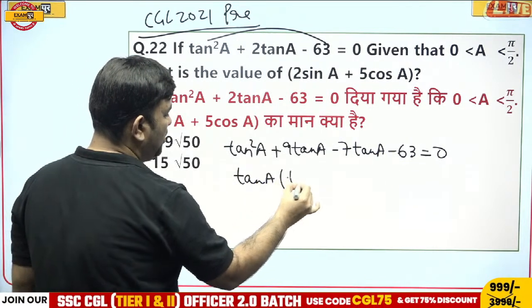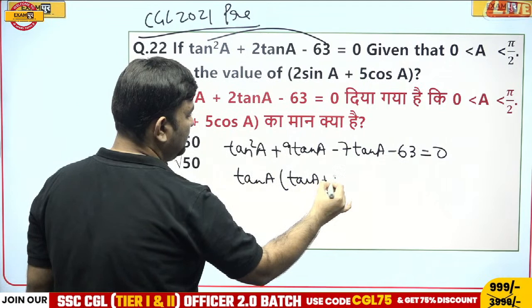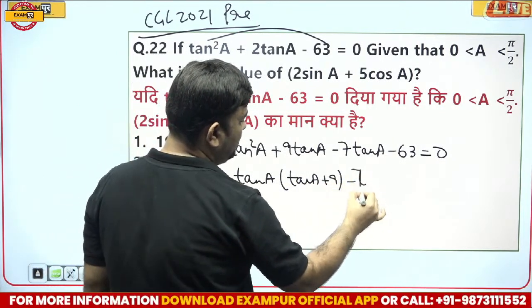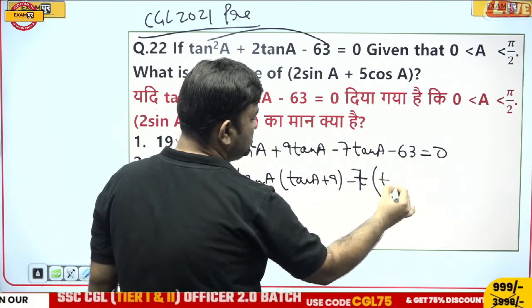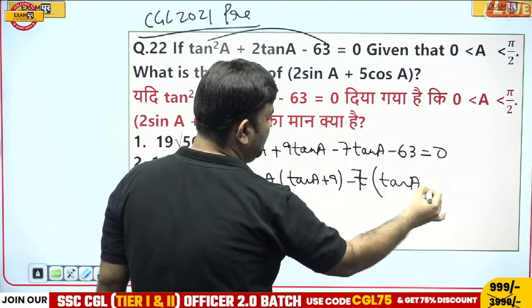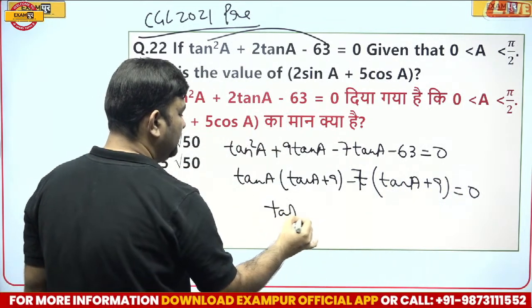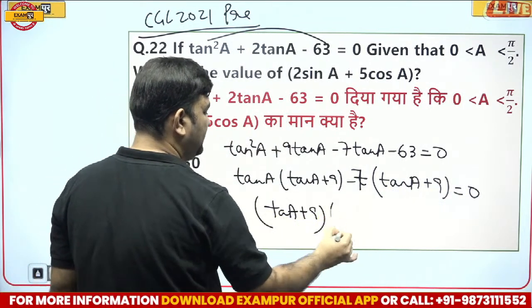Take 10A common, 10A plus 9, minus 7 common. So 10A plus 9 and 10A minus 7 is equal to 0.